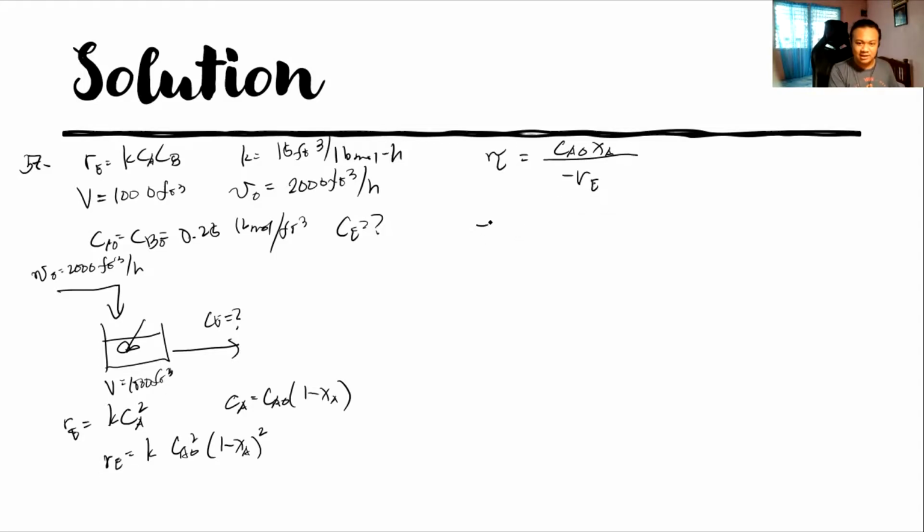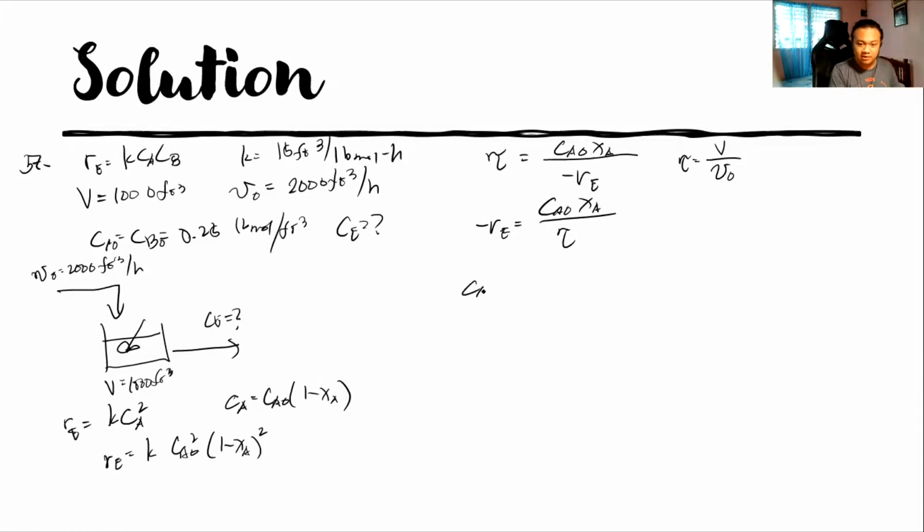So we can also write it this way, diba? Tau. And don't forget that tau is equal to the volume over volumetric flow rate.